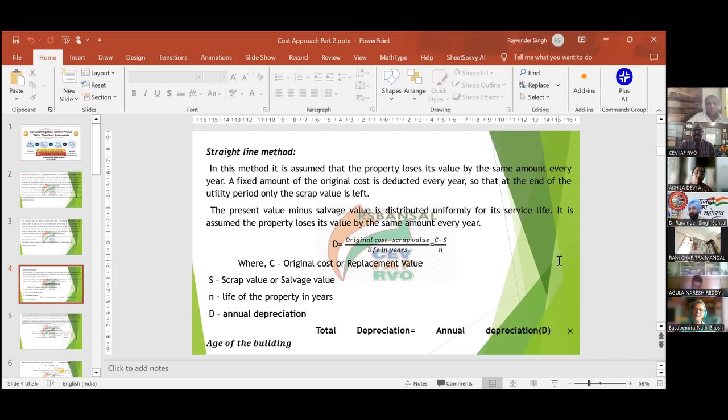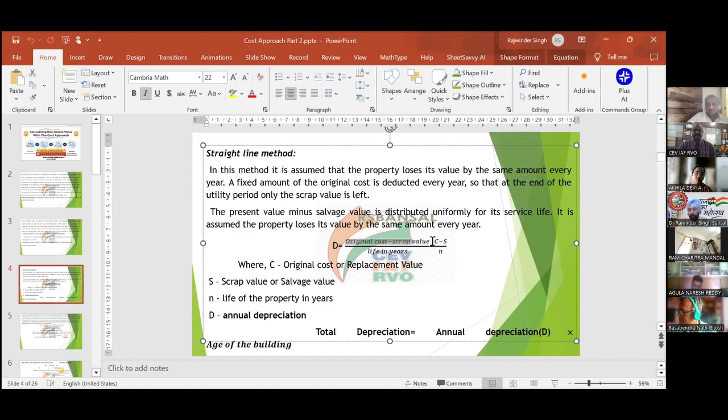So how much will the building value depreciate during its lifetime? That will be original cost minus salvage value. You know how this comes. You understand this?